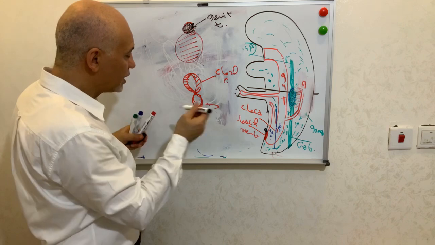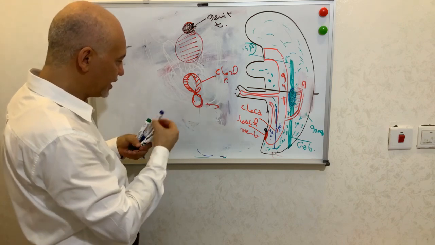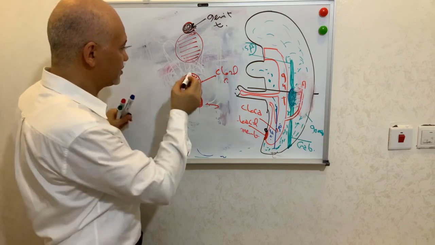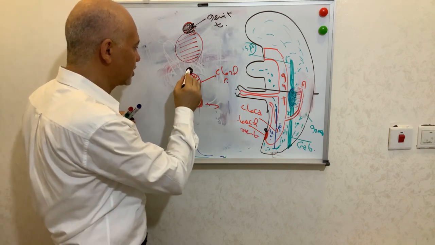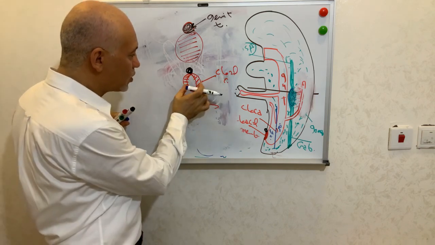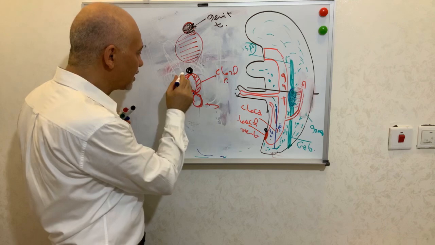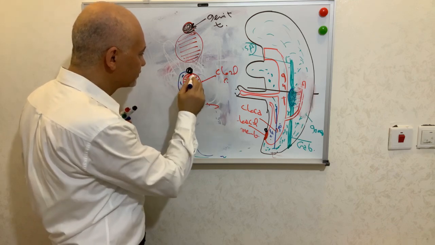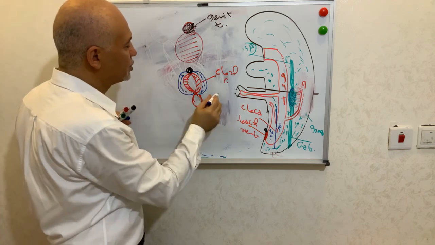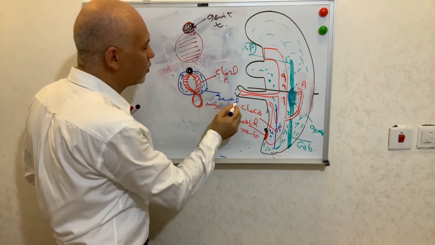Surround the cloacal fold, another fold appears here, and remember this is the genital tubercle from ectoderm. This fold is called genital swelling or genital fold.